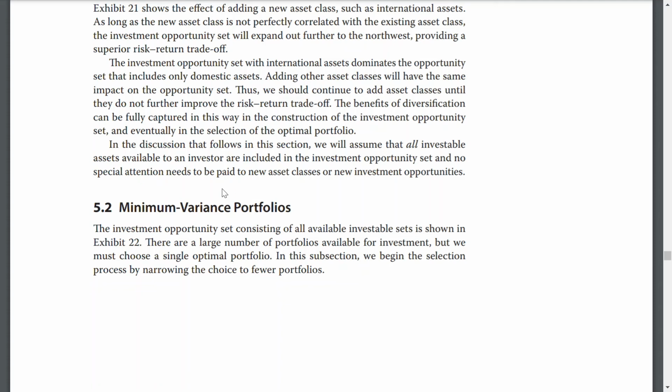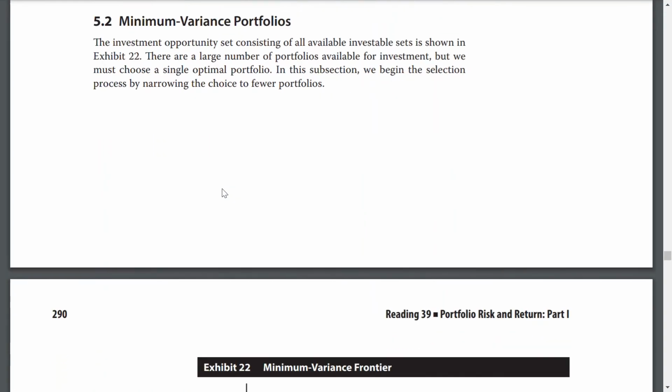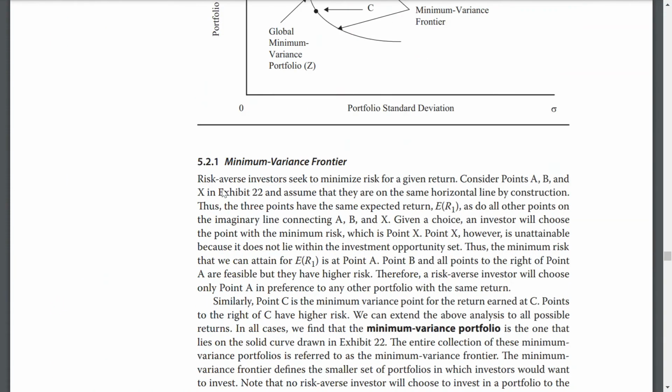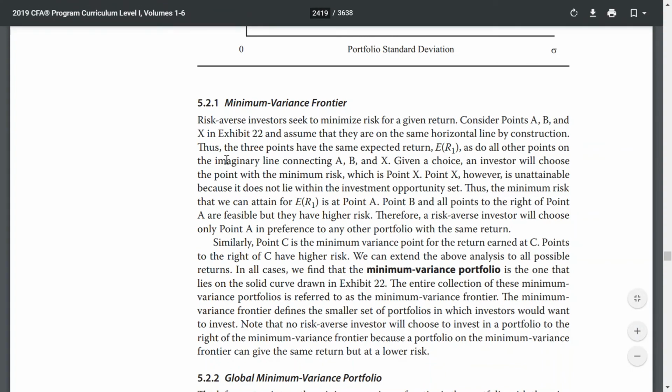There are a large number of portfolios available for investment, but we must choose a single optimal portfolio. In this subsection, we begin the selection process by narrowing the choices to fewer portfolios. Minimum variance frontier.